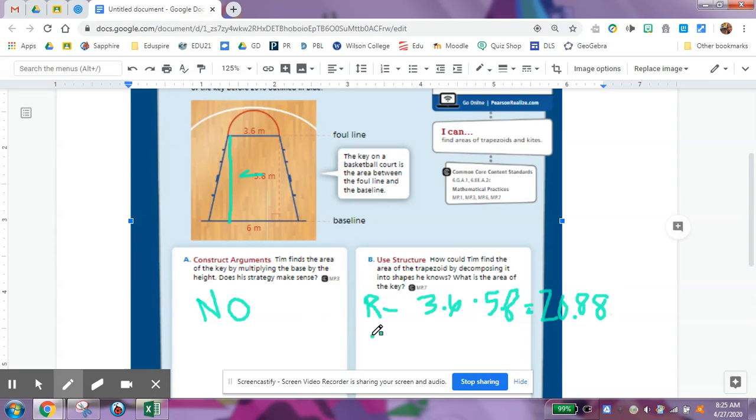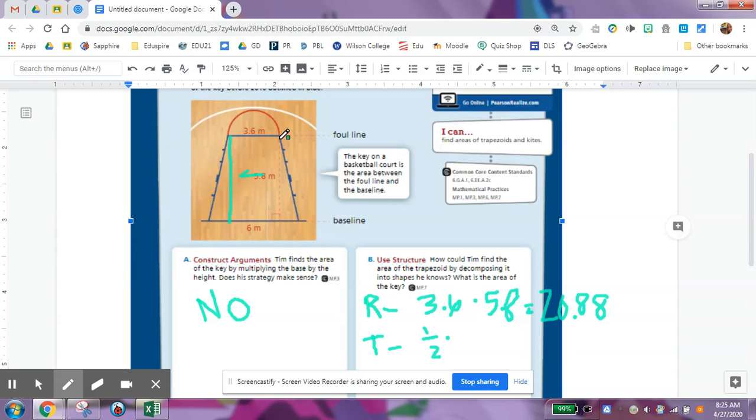Now we're going to find the area of the triangle. And these two triangles are exactly the same. They have the same height and they're going to have the same base here and here. So we know that the area of a triangle is 1/2 times base. The whole base is 6. We're not looking for that. We are going to subtract the base of the rectangle.